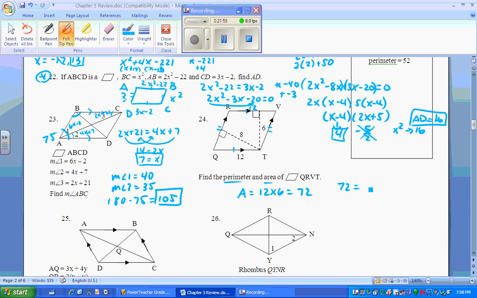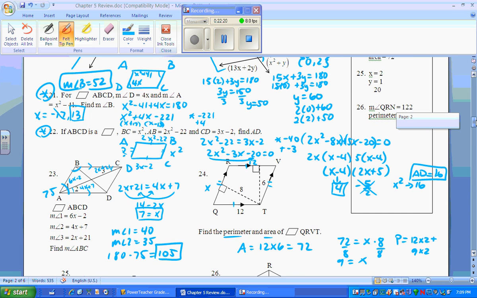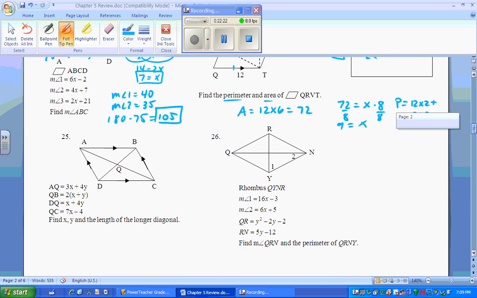So 72 is equal to the base, which is x, times the height, which is 8, divided by 8. So x equals 9. This side is x. And then the perimeter is 12 times 2 plus 9 times 2, giving you the answer of 72. Or 42, sorry, for the perimeter.